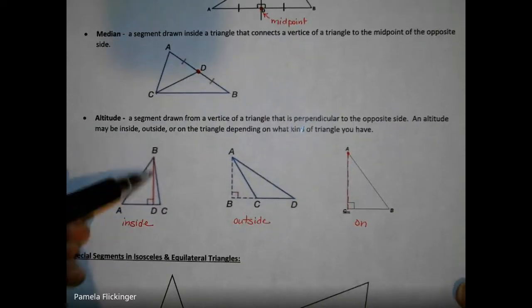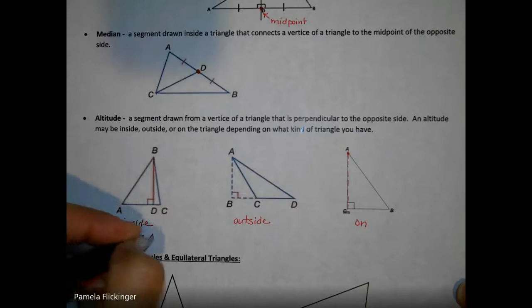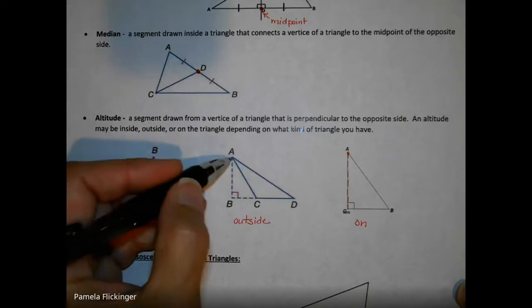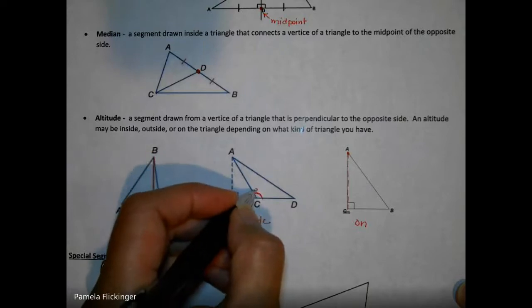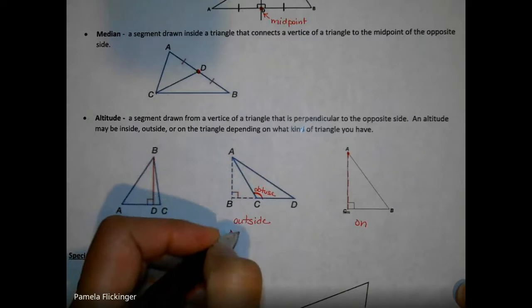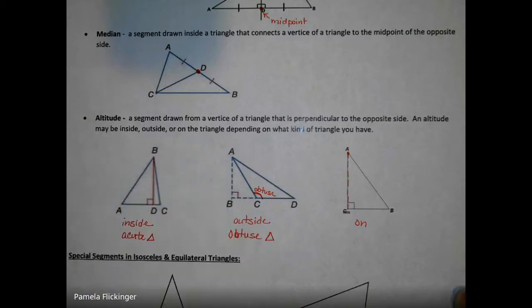Well, this one is going to be acute. It's an acute triangle when your altitude will fall inside. It falls outside if you notice this angle right here is obtuse. So in order for it to fall outside, you'd have to have an obtuse triangle for that to happen.